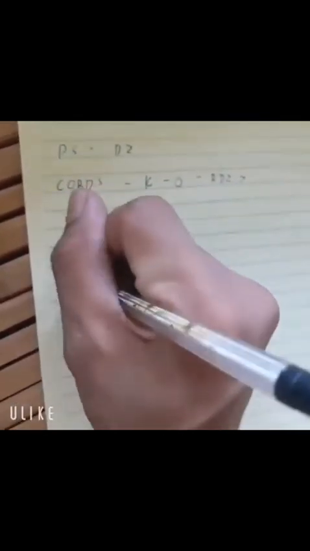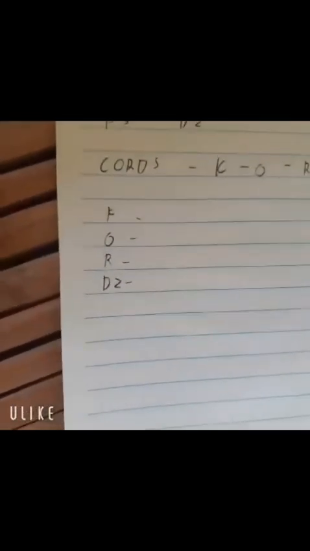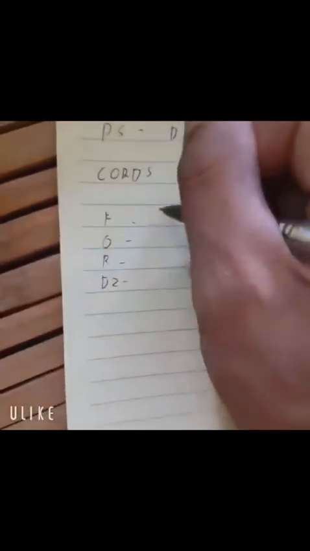Then lagyan na din po natin ng assigned fingers. Yung assigned fingers po ng K is left ring. Yung O is left thumb.